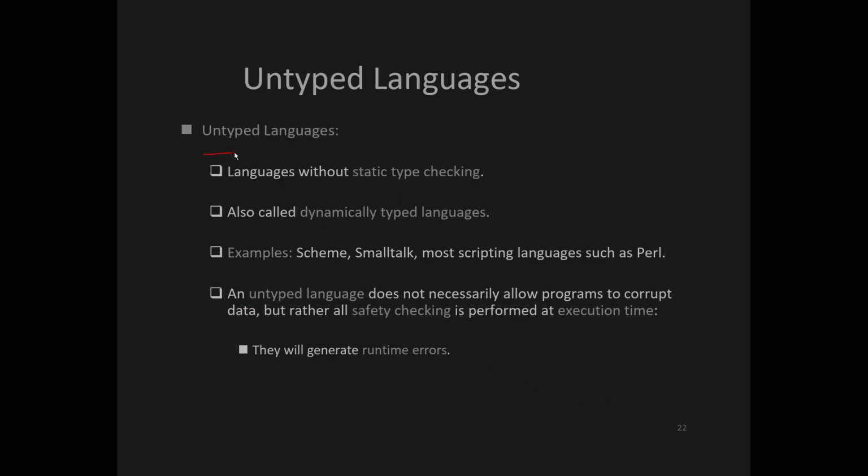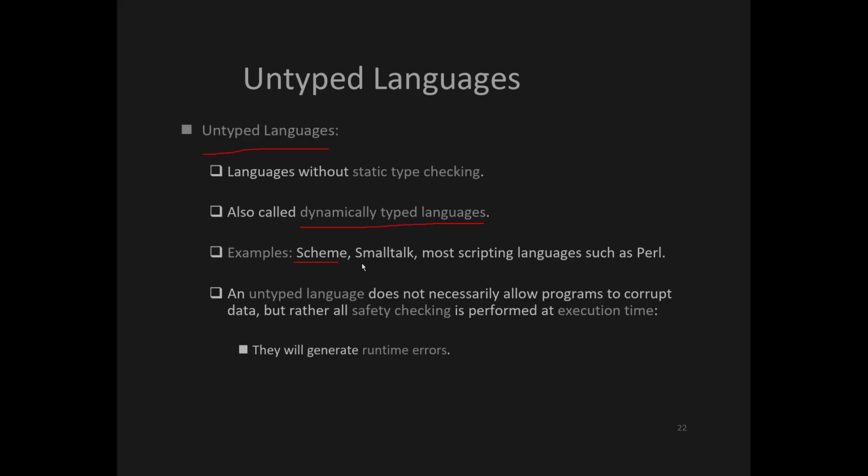Now, with untyped languages, also known as dynamically typed languages, these ones do not check the types during compile time, and are just gonna throw errors as they encounter the type errors during execution, okay?